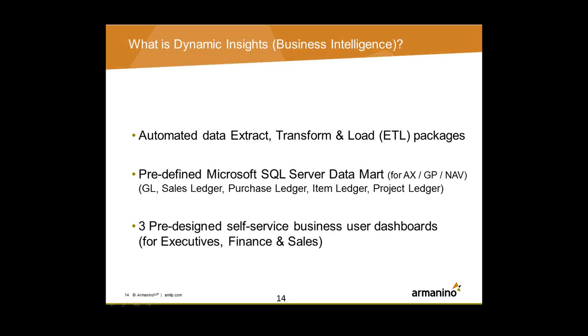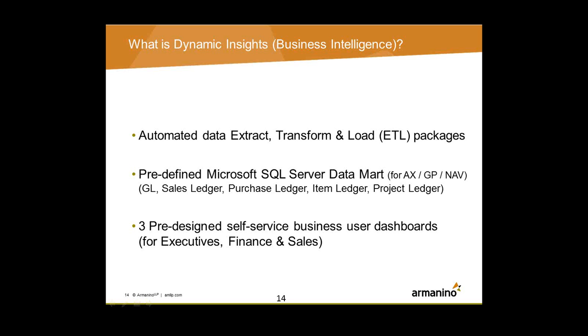There is a predefined Microsoft SQL Server-based data mart for AX, obviously in terms of what we're discussing here, but also for GP and NAV. It includes several components: general ledger, sales ledger, purchase ledger, item ledger, and project ledger. And then finally, the piece that is visible for the business users, which is three pre-designed self-service business user dashboards for executives, finance, and sales.